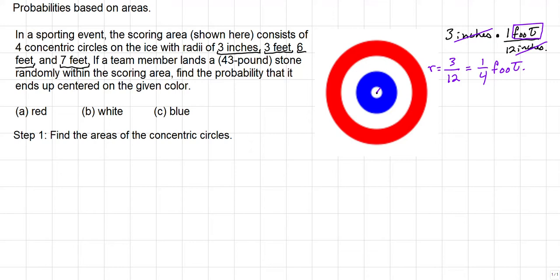Now remember that you've got to know the formula for area of a circle. It's easy to look up, but the area is equal to the value of pi times the radius squared. So what we're going to do is go ahead and start and find the areas of each of the concentric circles now that I have everything in terms of feet. I know that the radius of this blue circle is going to be 3 feet.